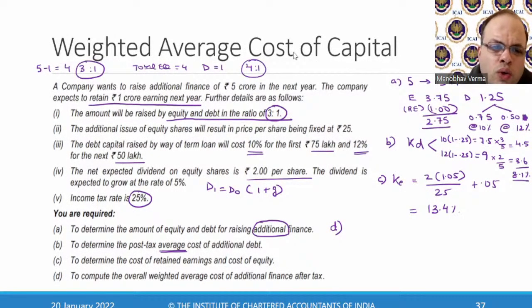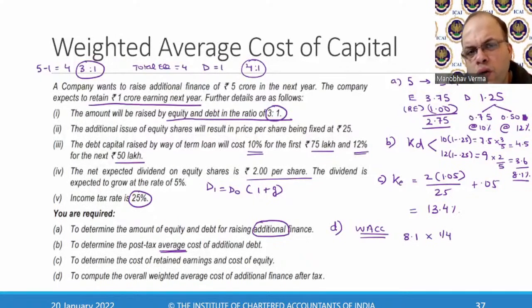Majorly two, and we anyways had a weighted average cost calculated for the debt, right? So the last one should not be a difficult one. So for the WACC, I have a cost of debt of 8.1, which is multiplied by 1 by 4, and then 13.4, which is multiplied by 3 by 4. That should be my WACC, I guess.